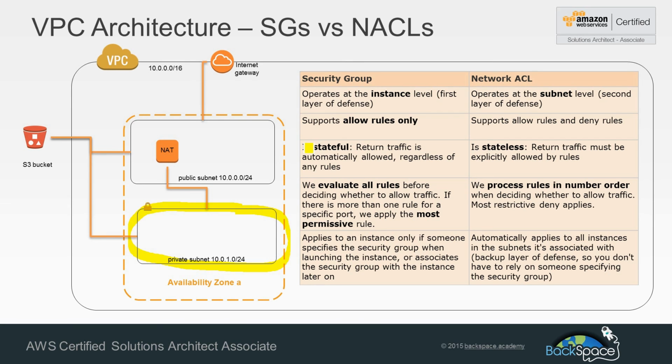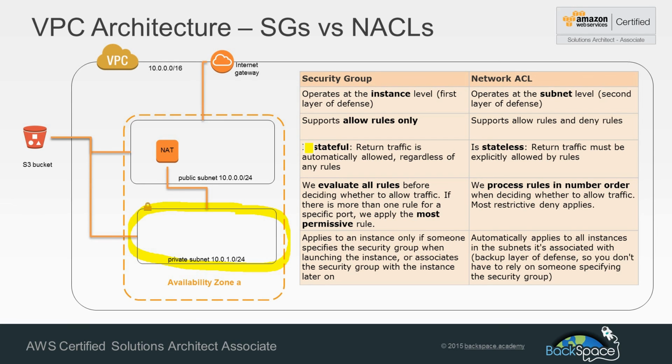In contrast, with a network ACL we process rules in number order when deciding whether to allow that traffic or not, and the most restrictive deny applies. Not the most permissive, the most restrictive deny applies with a network ACL.